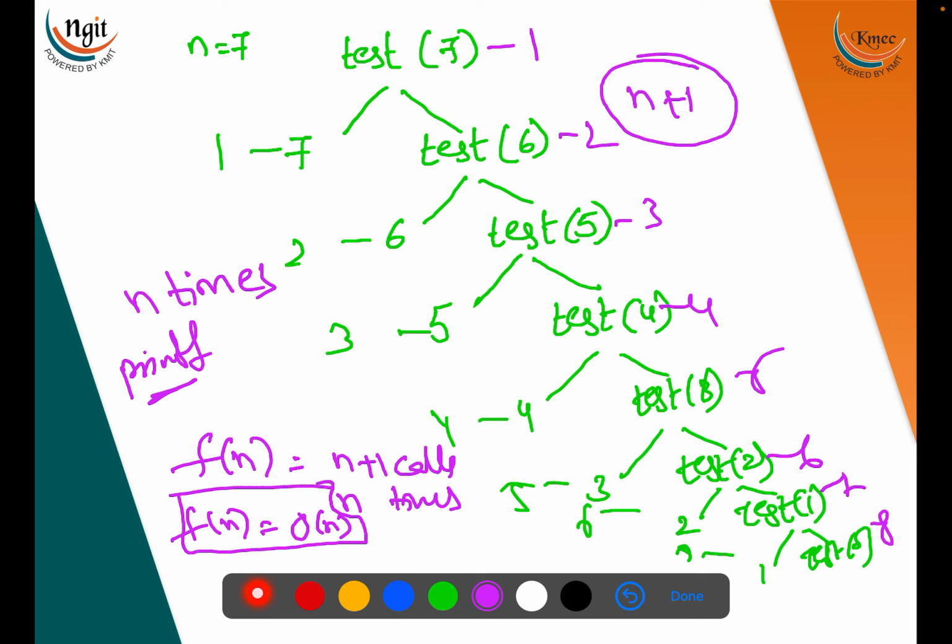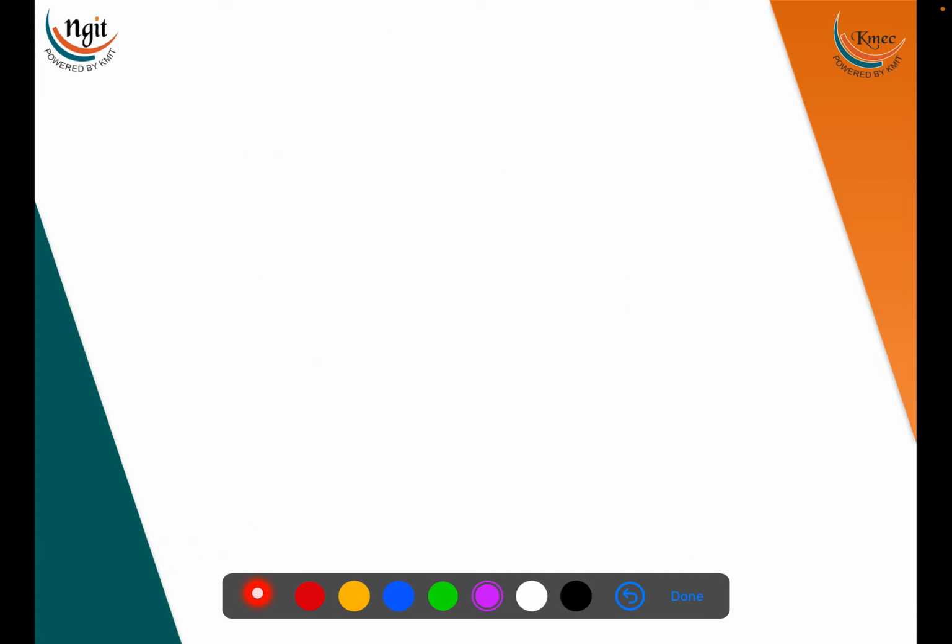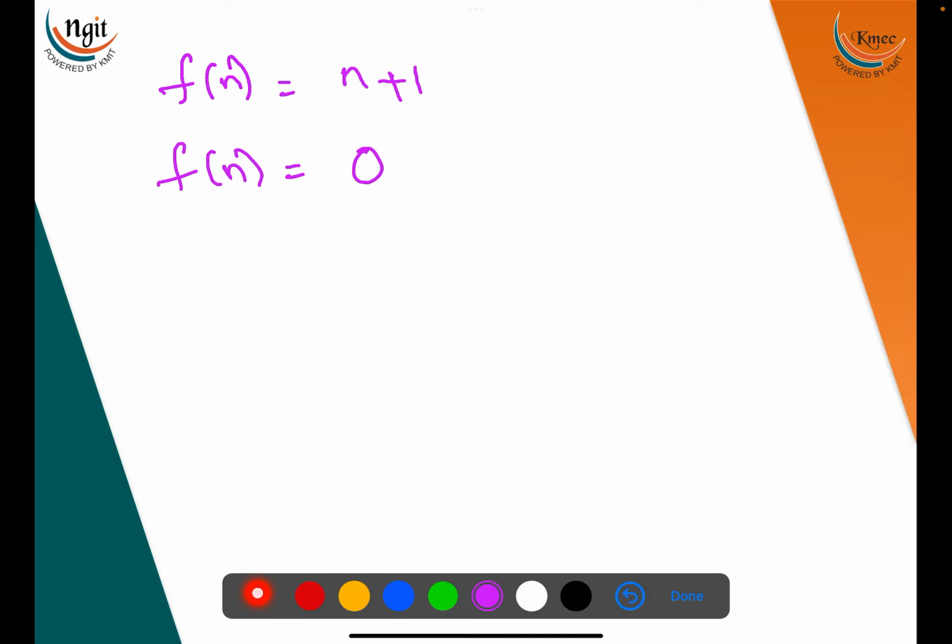The time to execute this algorithm is f(n) equals order of n. This order of n comes from f(n) equals n plus 1. f(n) equals order of n.